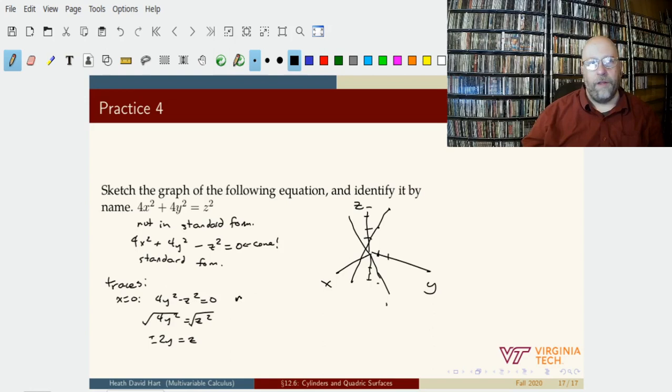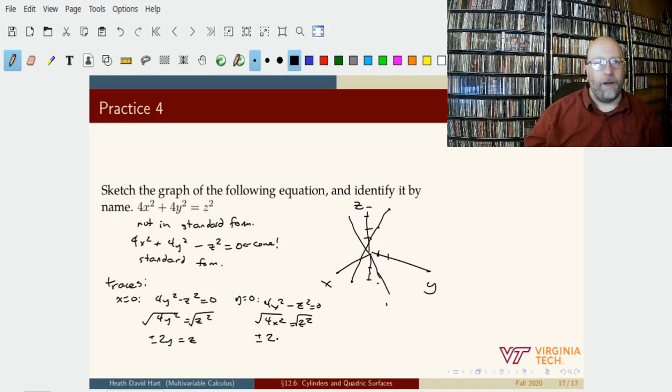So then let's look at the y equals 0 trace. That's in the xz plane, sorry. And that's going to be 4x squared plus 0 minus z squared equals 0. Well, that's the same thing. 4x squared equals z squared. Take the square root on both sides.